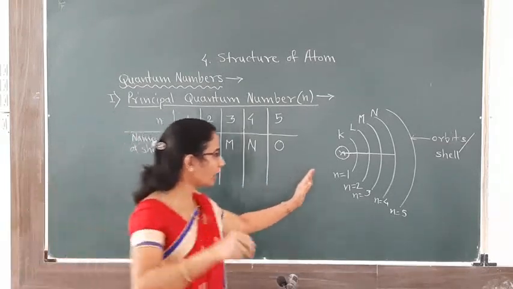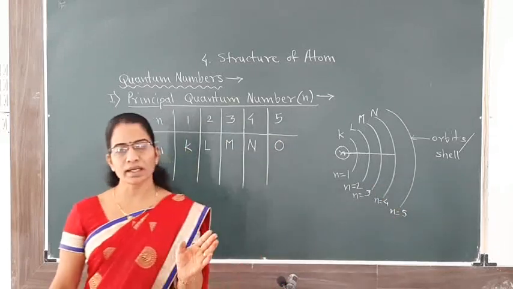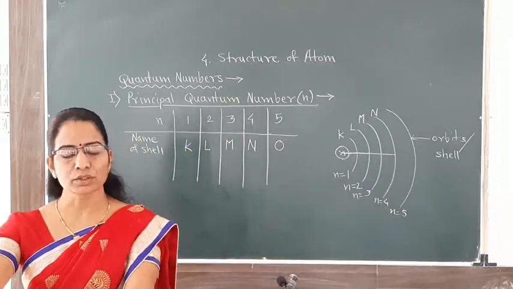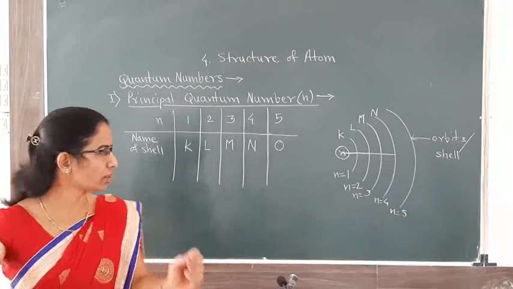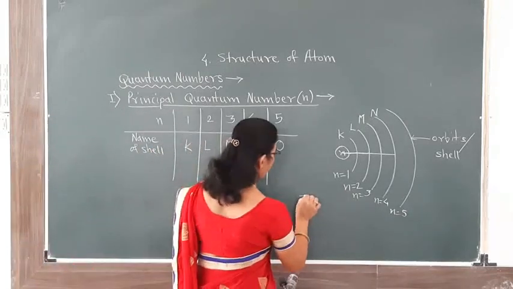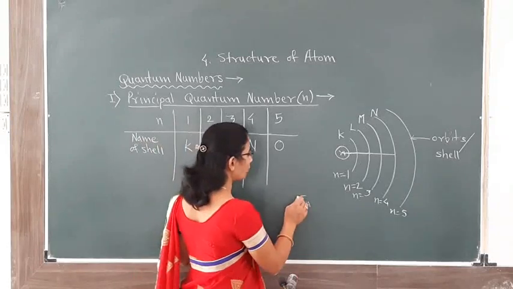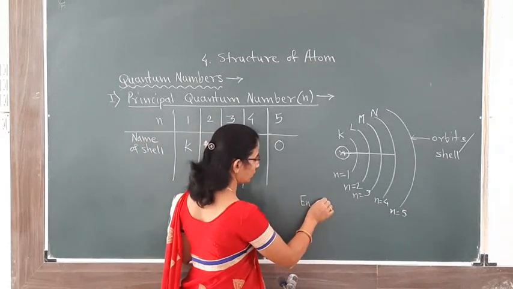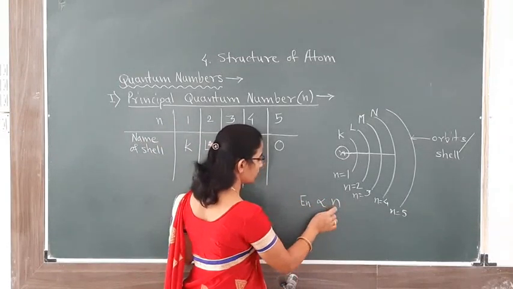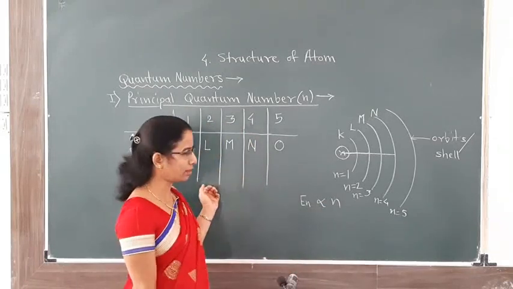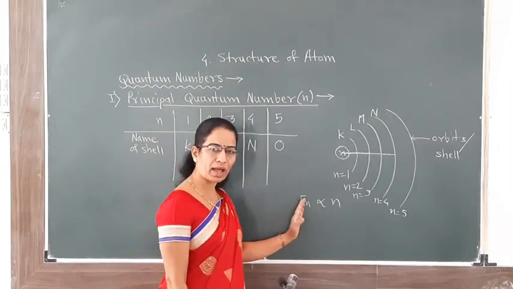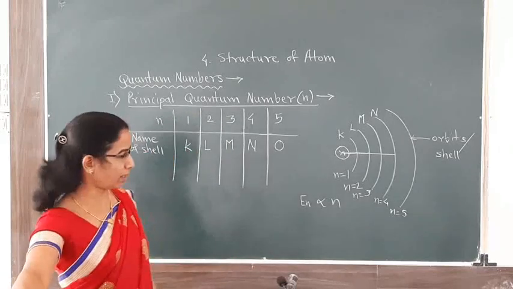As the value of n increases, the energy of that orbit also increases. We have seen the formula to determine the energy of the nth shell, En. If the number of the shell increases, the value also increases, means these values become less negative.